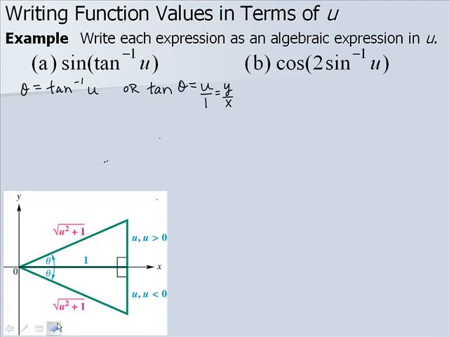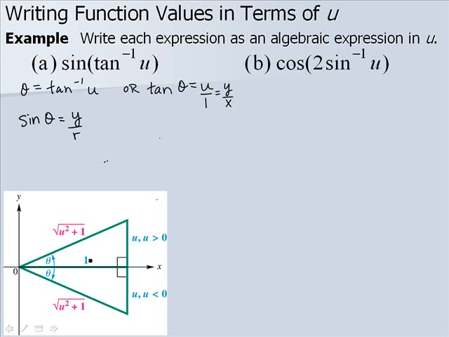So we set up a triangle in quadrants 1 and 4, since we don't know if tangent is positive or negative, since we're given a variable here. And we're trying to find the sine then of theta, which will be y over r.